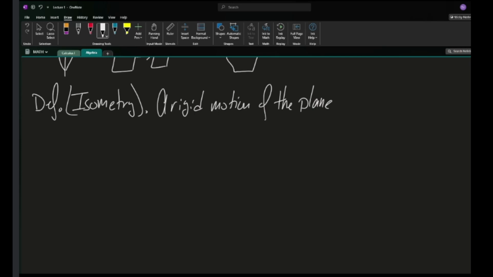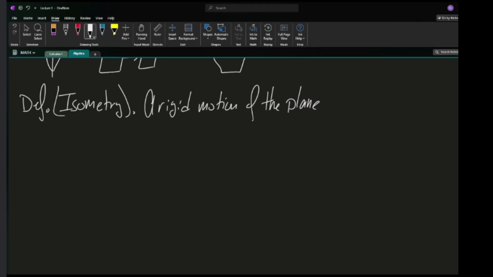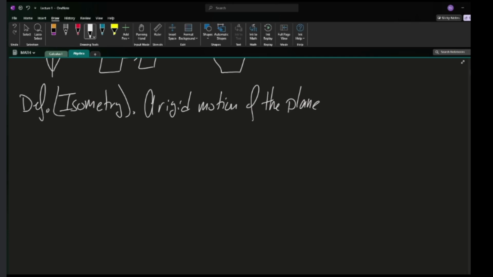It's literally just taking a figure, an object of any shape or form, and mixing with it, but nothing that actually alters the figure itself or makes it look different, other than the fact that we're doing rotations, reflections, and translations, most of the time at least.